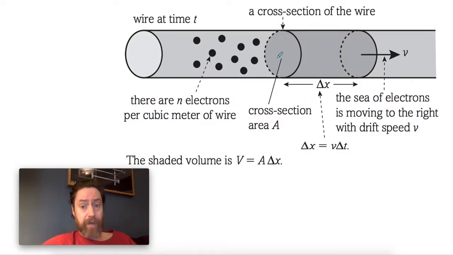Basically, it would be the volume of this shaded area. So the volume of the shaded area tells you the number of electrons that have gone past that point in a particular time.